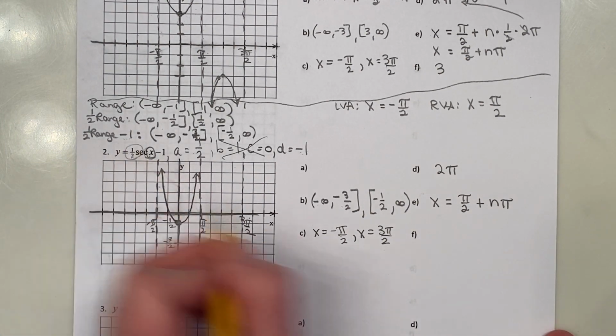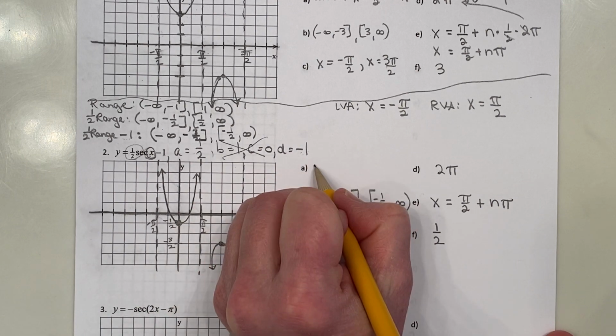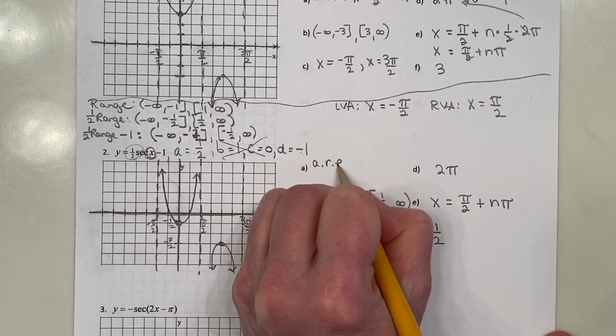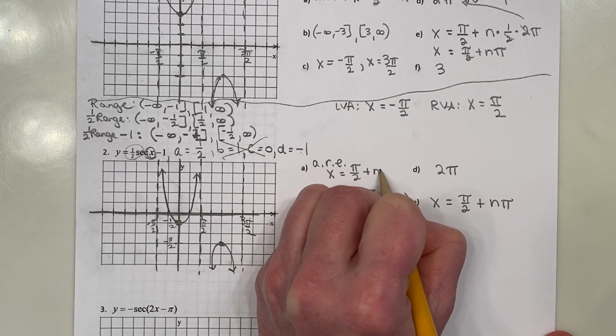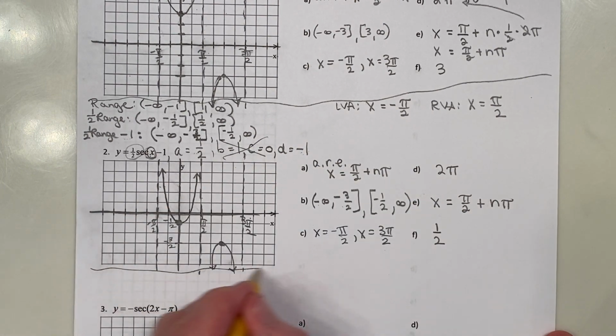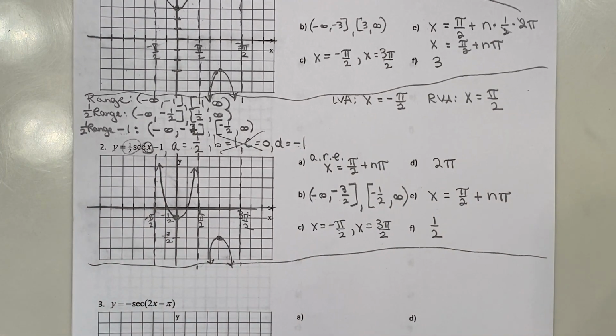The amplitude is a half. And we've got the domain. Perhaps graphing these isn't as easy as graphing tangent and cotangent, but if we just go slow enough, we should be accurate.